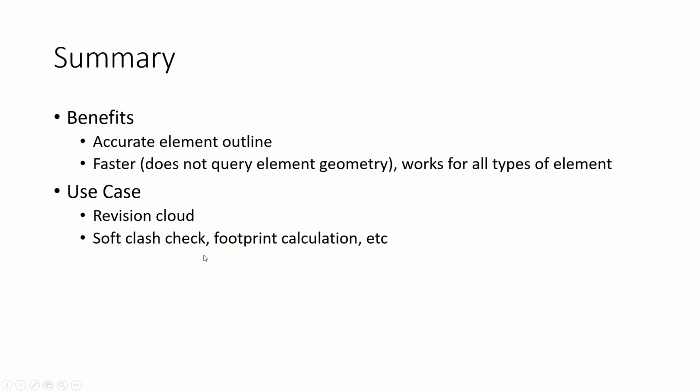For example, I want to know what's within 3 feet of this element that I placed there. I can use it to create a 3 feet offset bounding box and get all the elements inside that area, which will be a lot more accurate compared to using the default bounding box, which is always a straight square.